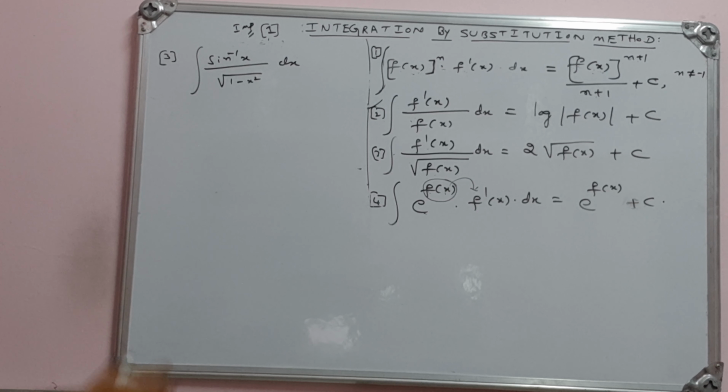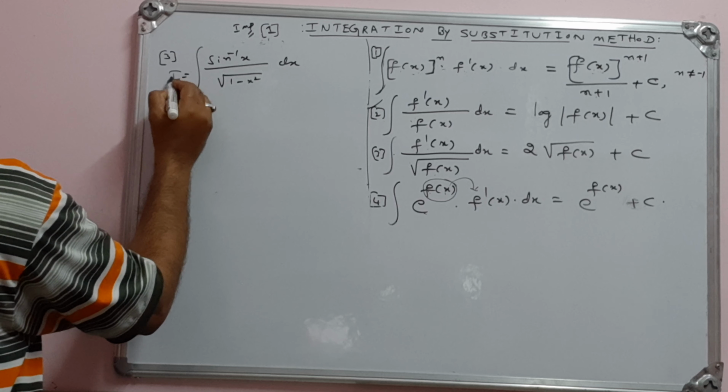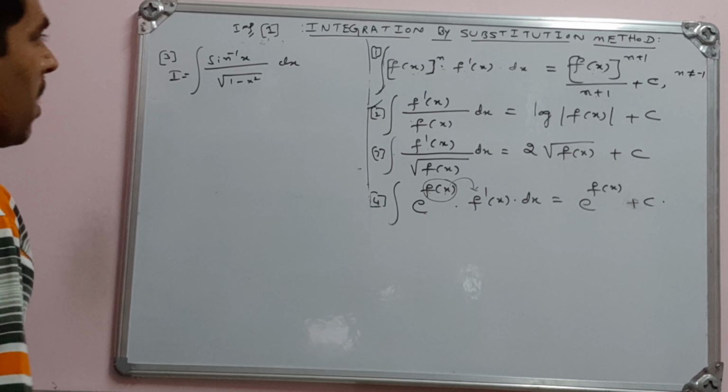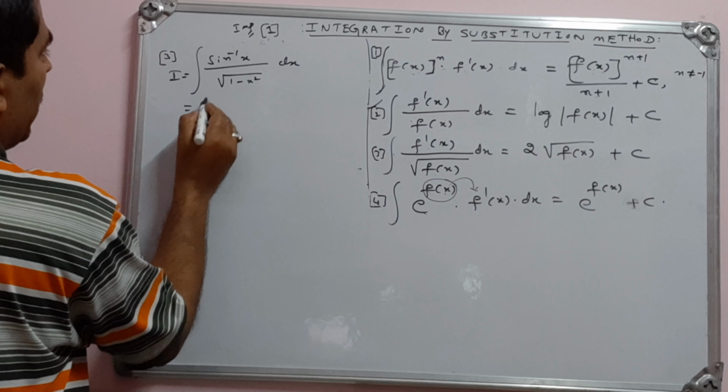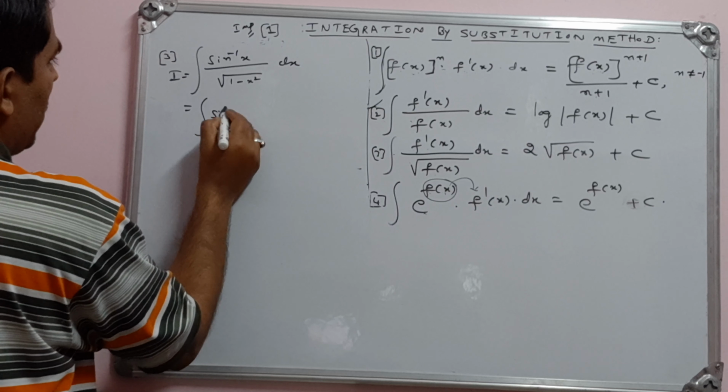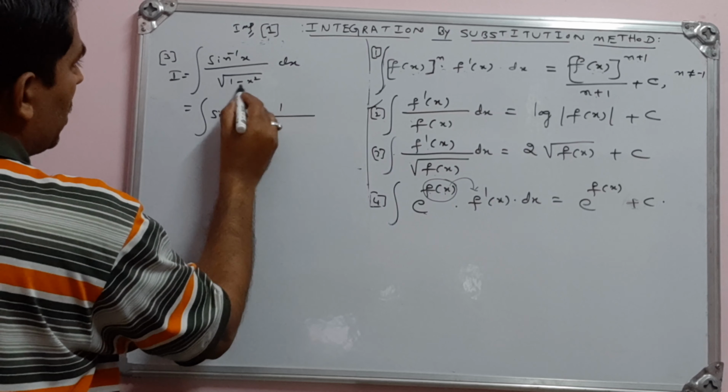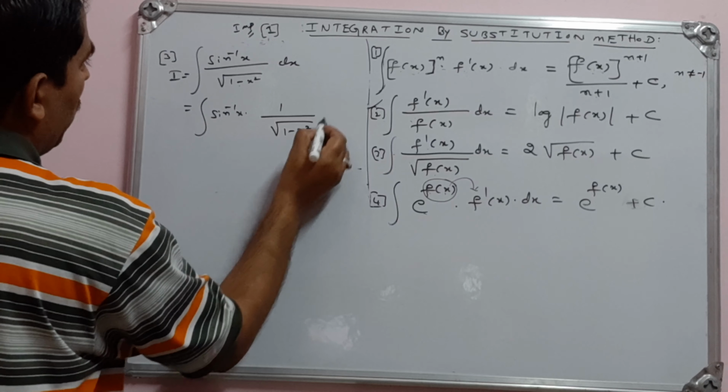Observe very carefully here. Let us equate it to I. The same thing will be written as sin inverse x into, in the denominator, square root of 1 minus x square.